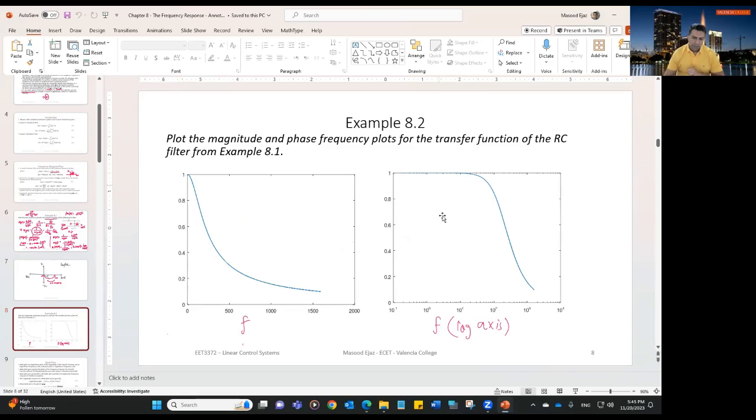On this slide, you see the magnitude versus frequency in linear frequency terms, and the magnitude versus frequency when the frequency is expressed in logarithmic form, that is using the semi-log x function in MATLAB. Semi-log x function works very well. We discussed that this morning as well in digital signal processing class.